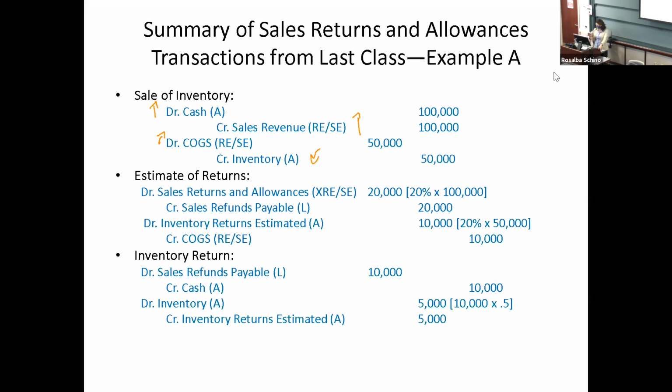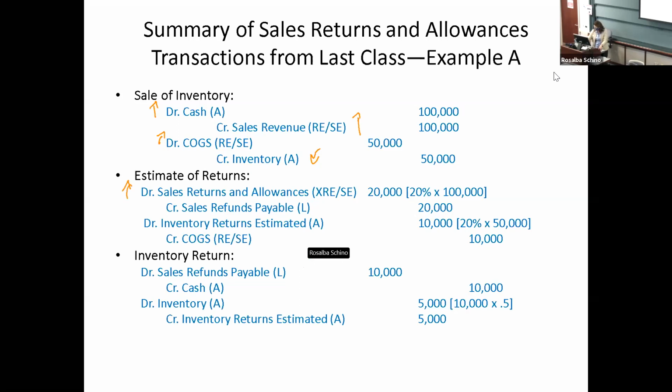Thank you, Yapping. So then the idea is estimates of the return. Red estimates that 20% of sales are typically returned. So I am going to increase the contra revenue account of sales returns.